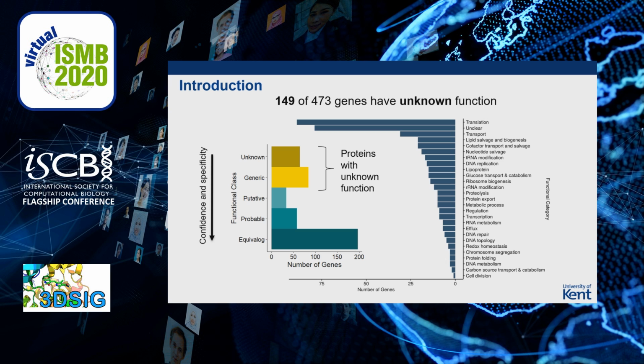And the 2 classes with the least confident and specific functions are considered to be the proteins with unknown functions. They also assigned functional categories to those genes, which represent biological processes they are involved in.